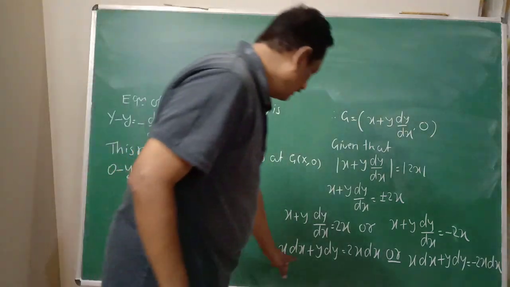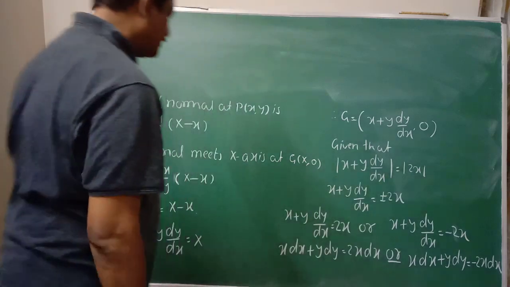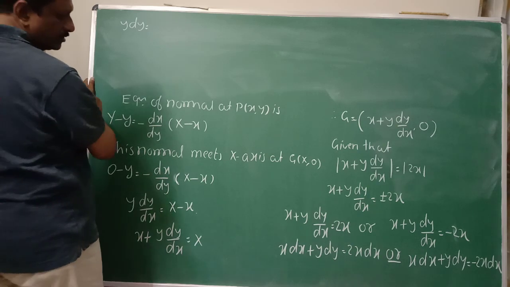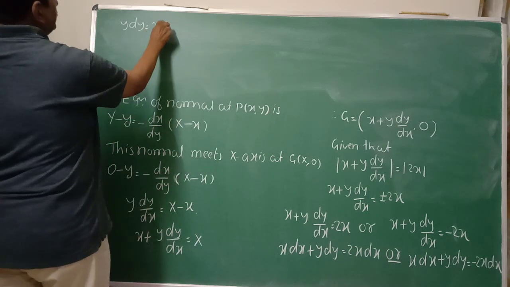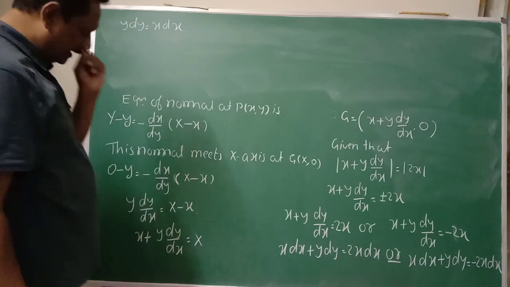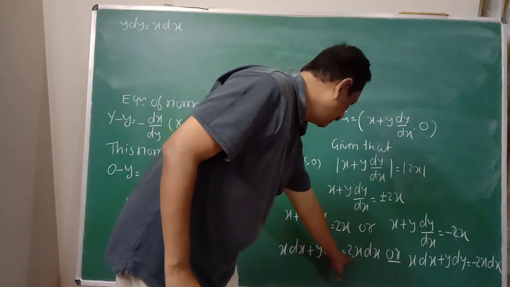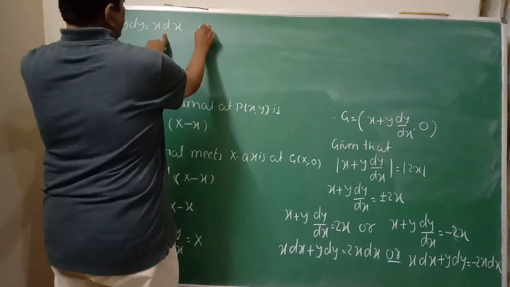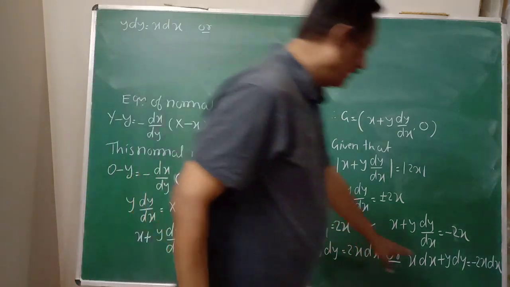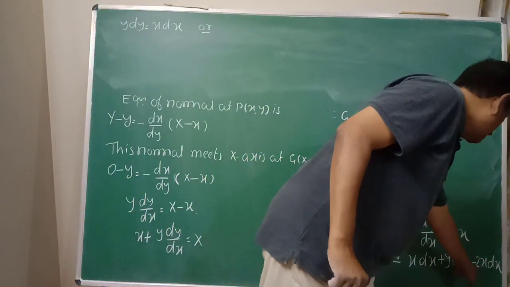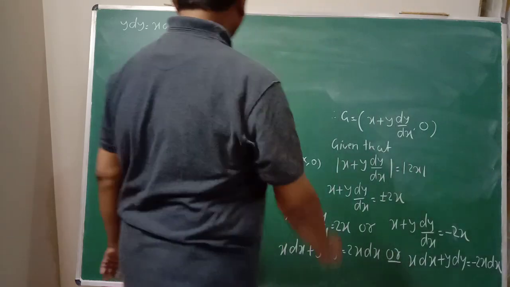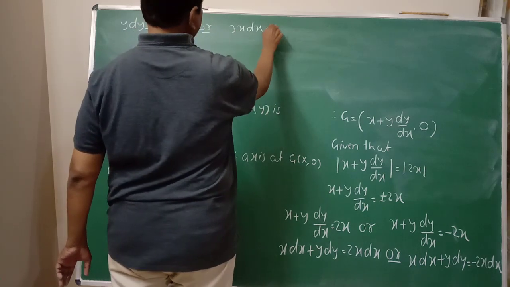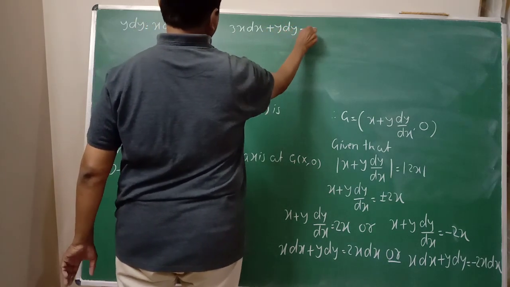In this case, take x dx, that's it here. So y into dy is equal to 2x minus x becomes only x into dx. Take x dx right side here. 2x dx minus x dx is x dx. Or, take minus 2x dx this side here, minus becomes plus, 2x dx plus x dx, 3x dx plus y into dy is equal to 0.